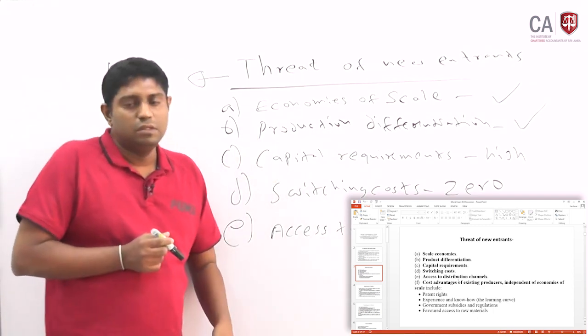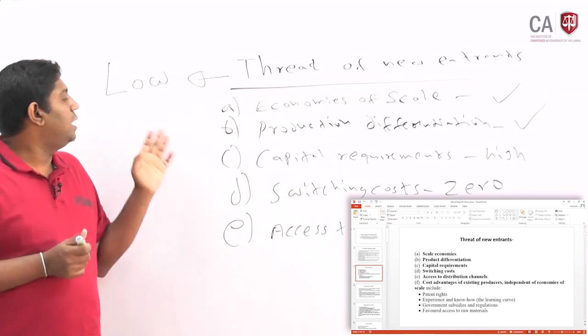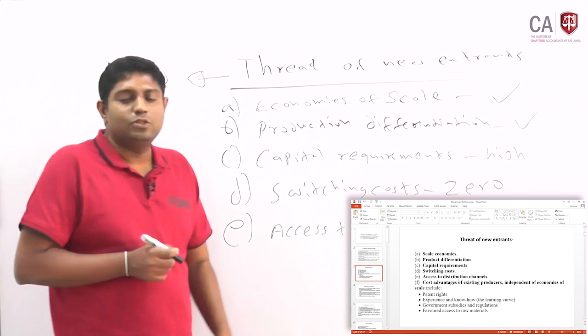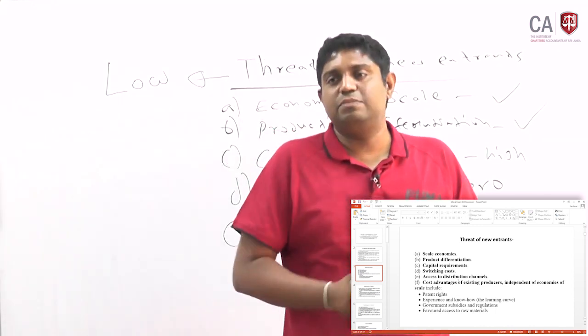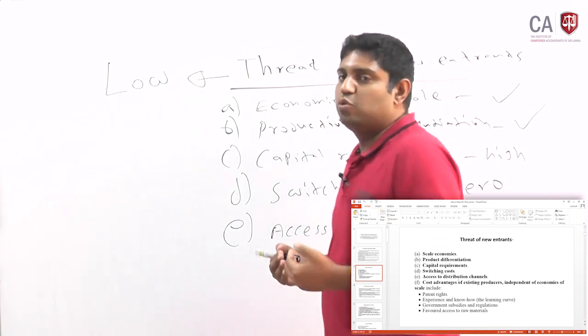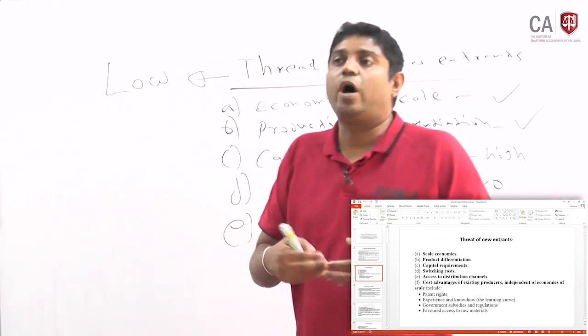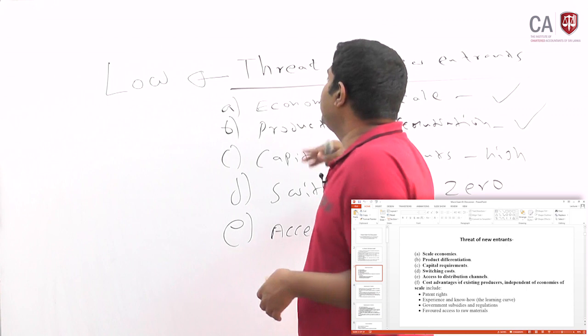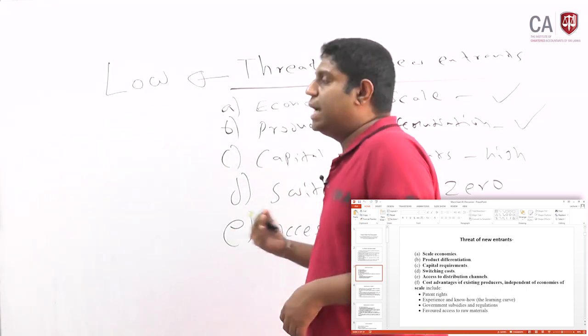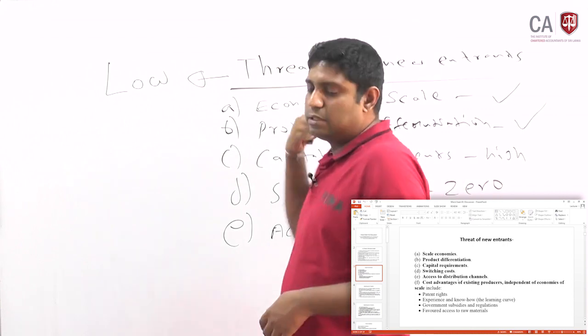So therefore, I think the threat of new entrants is low for this particular industry. This is based on your judgment, right? There is no hard and fast rule on this. You have to argue. So these are the points I have argued. Based on that, I come to a conclusion that the threat of new entrants is low.